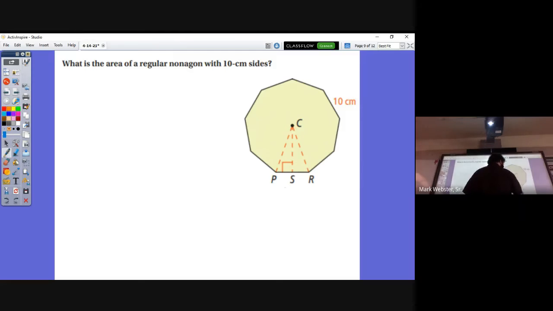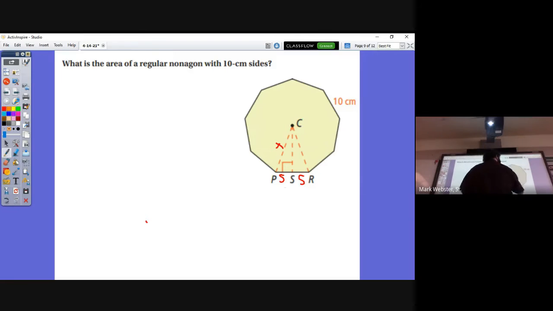We know that each of these sides is 10, right? So if each of these sides is 10, this little right triangle thing here, we want to find this. We have this little piece, right? Because it splits them in half, right? So each of those little pieces are 5. You know, the whole thing's 10, 5 and 5, right?